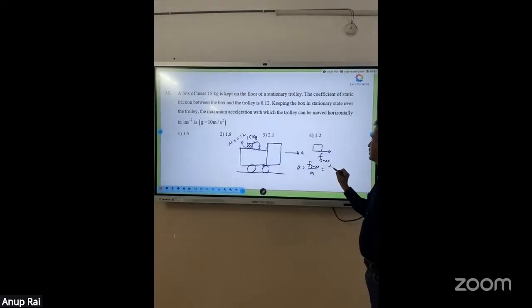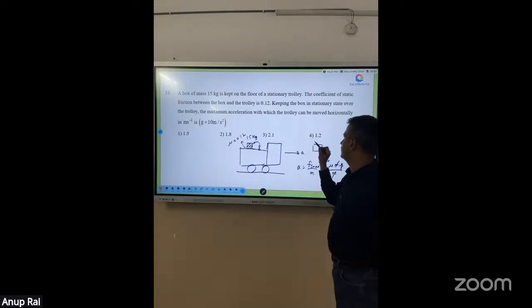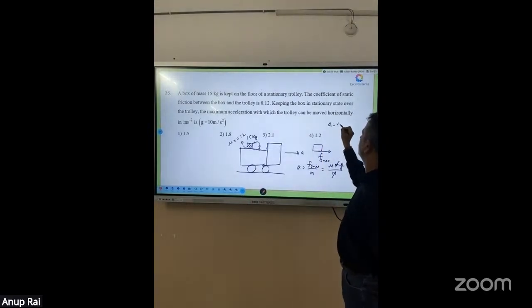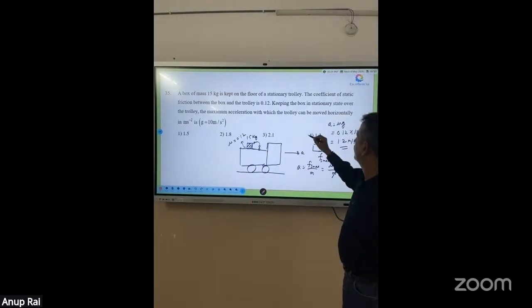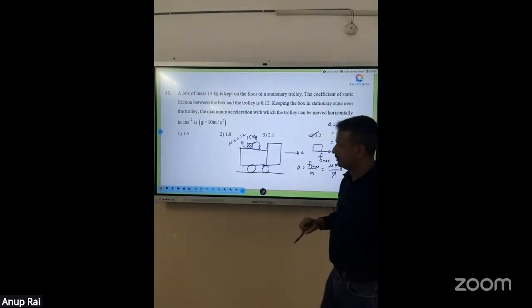Since Fs max is equal to mu times N, which is mg in this particular case, A is going to be equal to mu times g. Mu is 0.12 and g is given to be 10 here. So acceleration is going to be 1.2 meter per second square. Option 4 is correct.